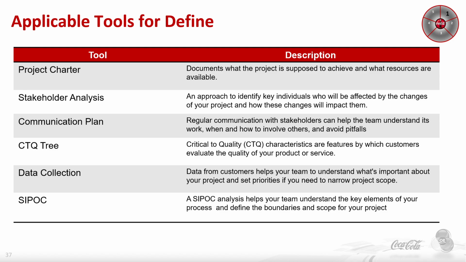And the last tool is COPIS. A COPIS analysis helps your team understand the key elements of your process and how to define the boundaries and the scope of your project. So these are the 6 basic tools of the define phase, and we have explained the description and what each tool is all about.